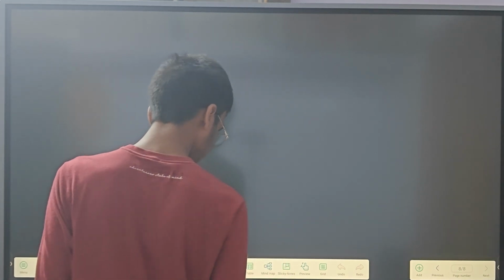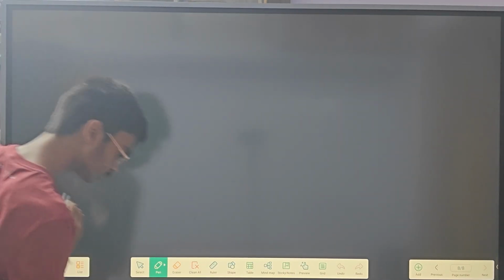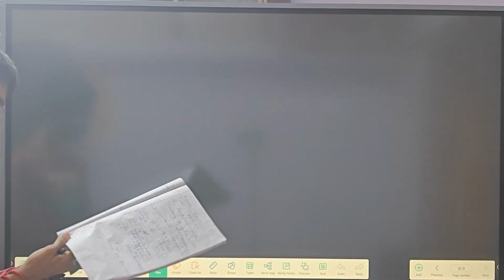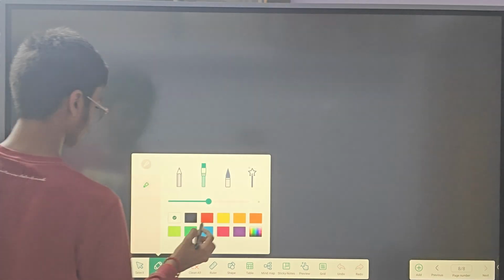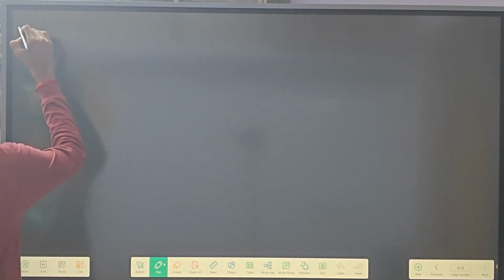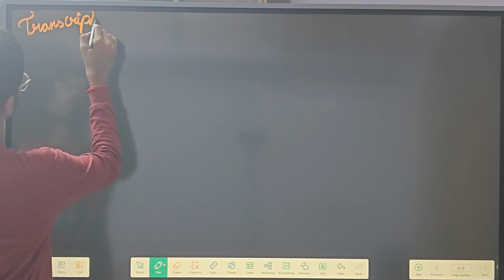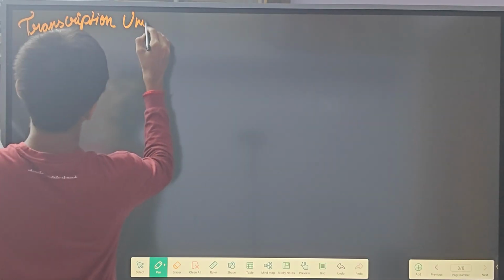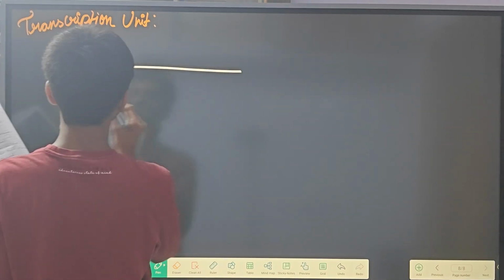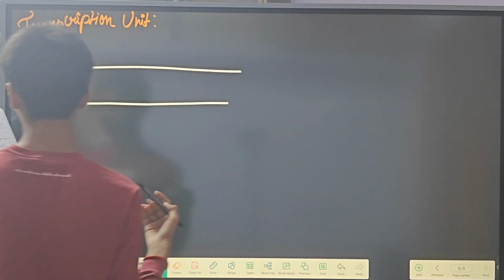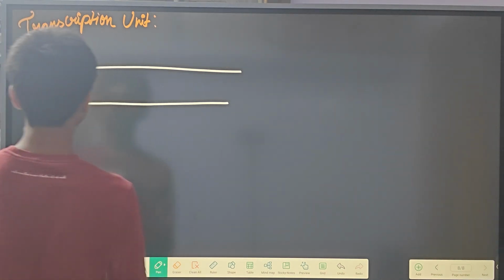Okay, after this we also have the transcription unit. If this is one DNA, then there are two different things you have to notice.